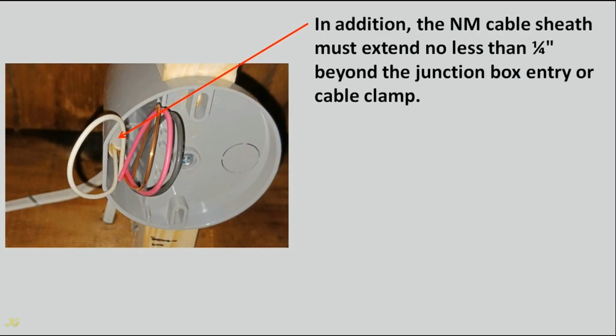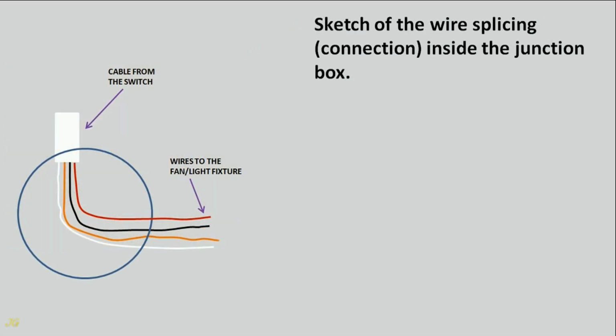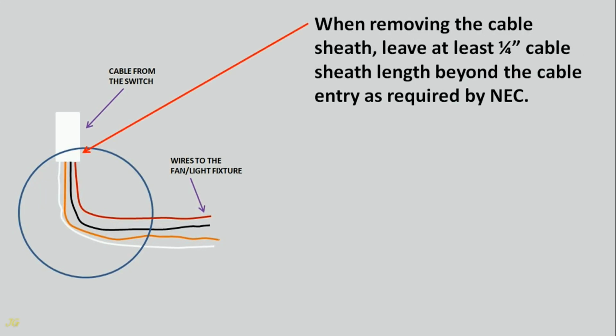In addition, the NM cable sheath must extend no less than 1/4 inch beyond the junction box entry or cable clamp. Sketch of the wire splicing, connection, inside the junction box.